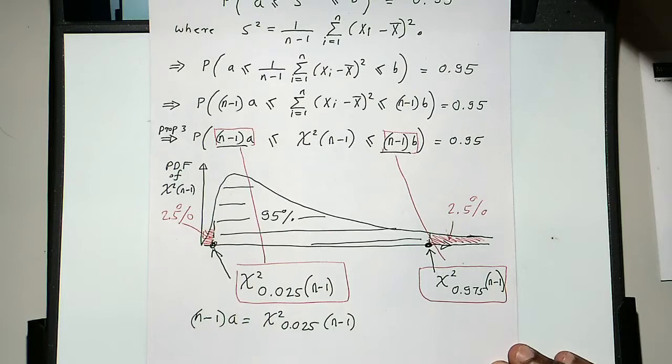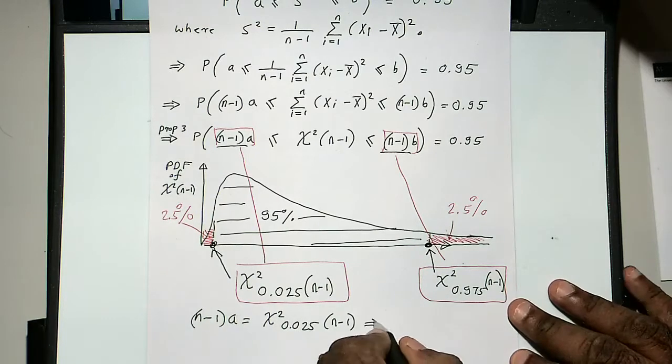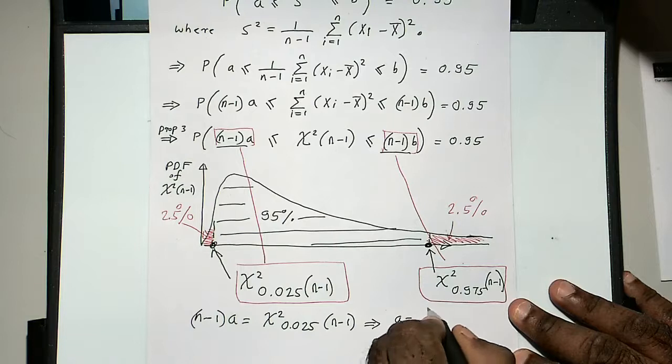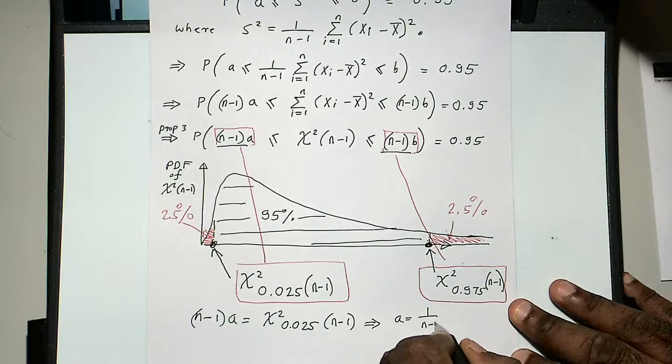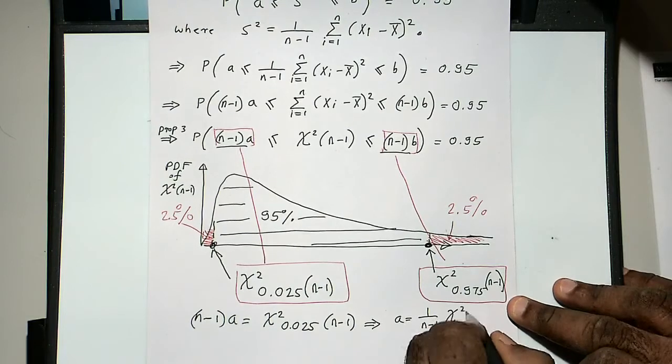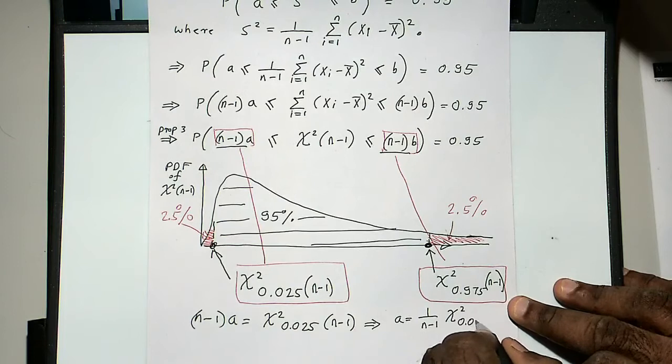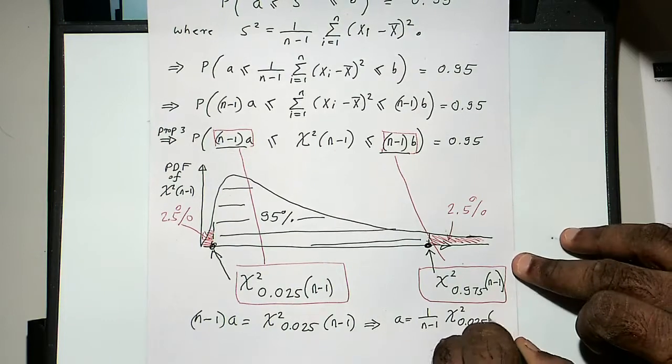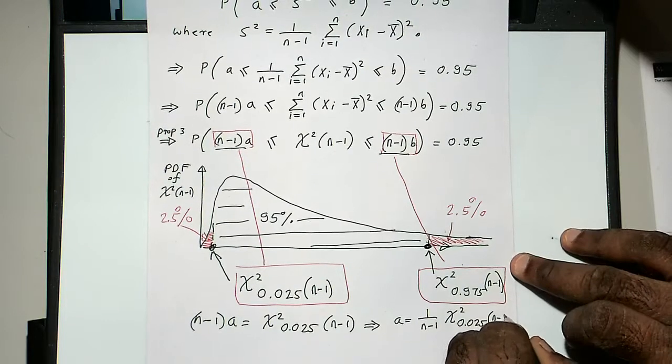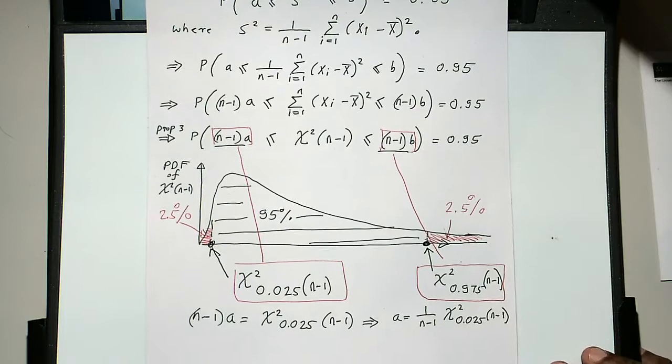Okay, so which implies that A must be equal to 1 over n minus 1 times the percentile of chi-squared at 0.025, right?